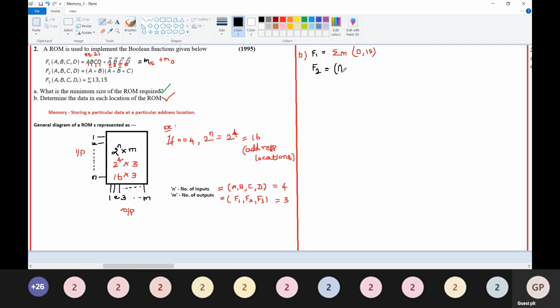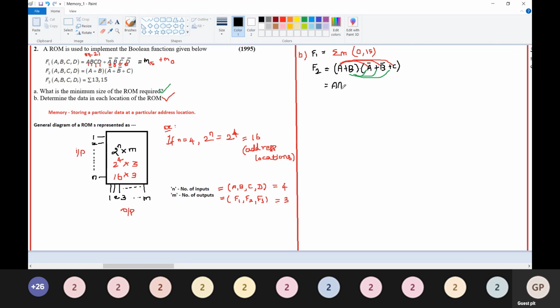In order to find the minterms, just multiply these two. This A multiplies with all the literals here, and similarly B multiplies with all the literals to get the corresponding product.